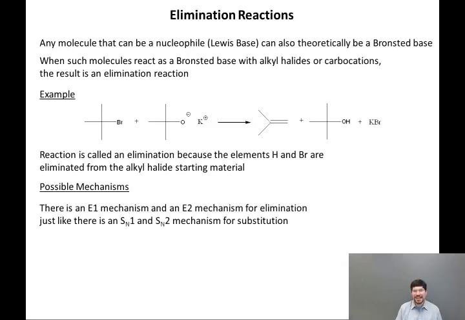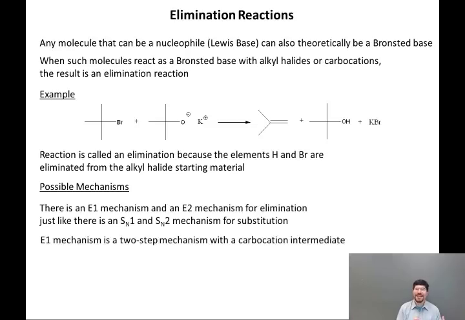Okay, possible mechanisms. Well, there is an E1 mechanism and an E2 mechanism for elimination, just like there's an SN1 mechanism and an SN2 mechanism for substitution. The E1 mechanism is a 2-step mechanism with a carbocation intermediate, just like the SN1 mechanism is a 2-step mechanism with a carbocation intermediate.